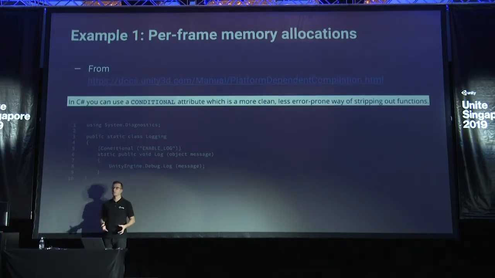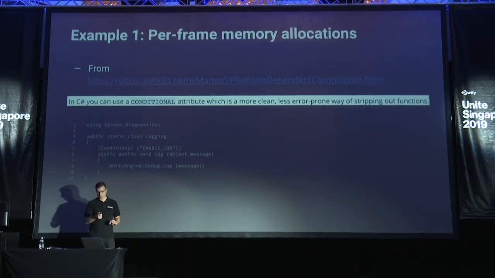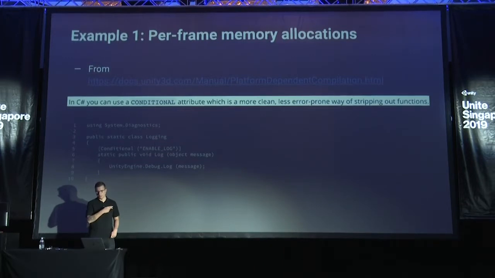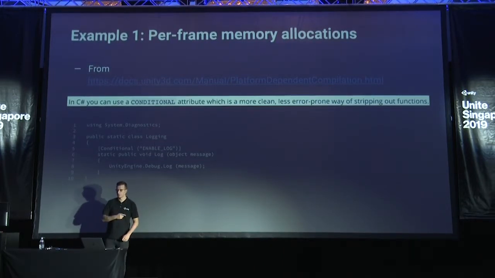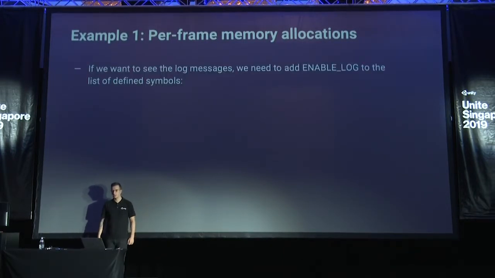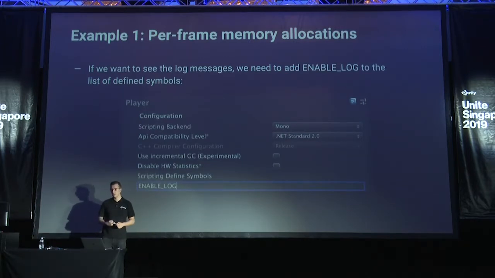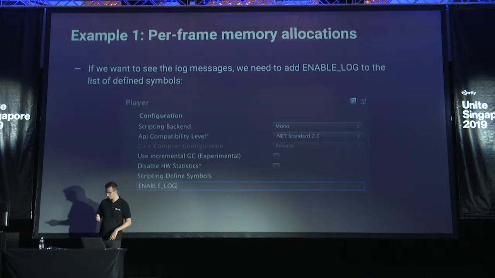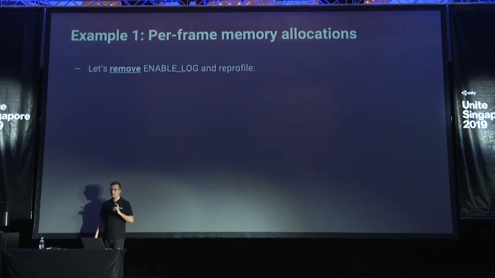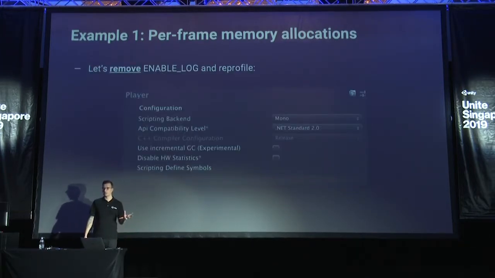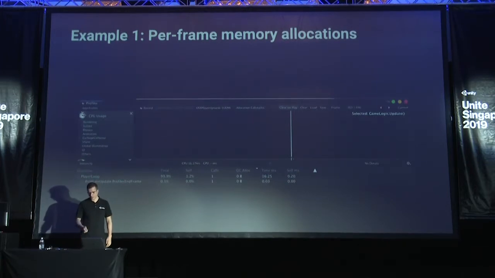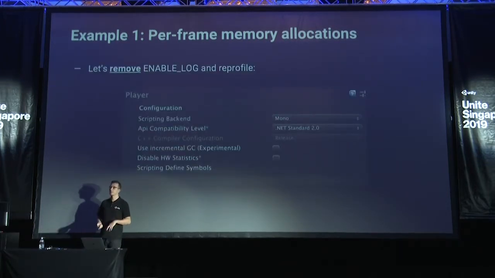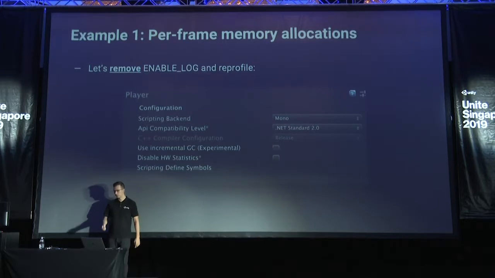They will wrap the debug logs inside a separate class, and they'll make a conditional statement like here, conditional attribute enable log. And then if you want to see the log in your game, you'd go into project settings and add the define symbol enable log. But then if you publish the application and release it to the public, you would remove this define symbol and none of the debugs will be called.